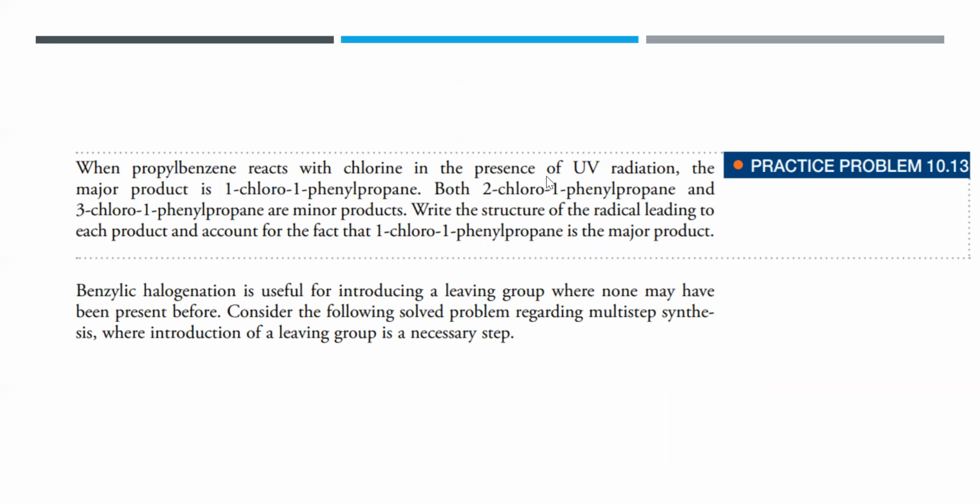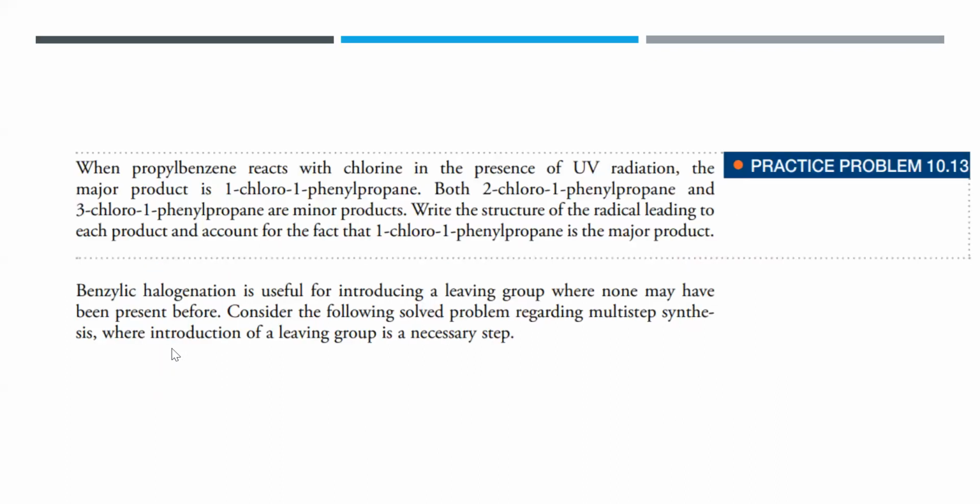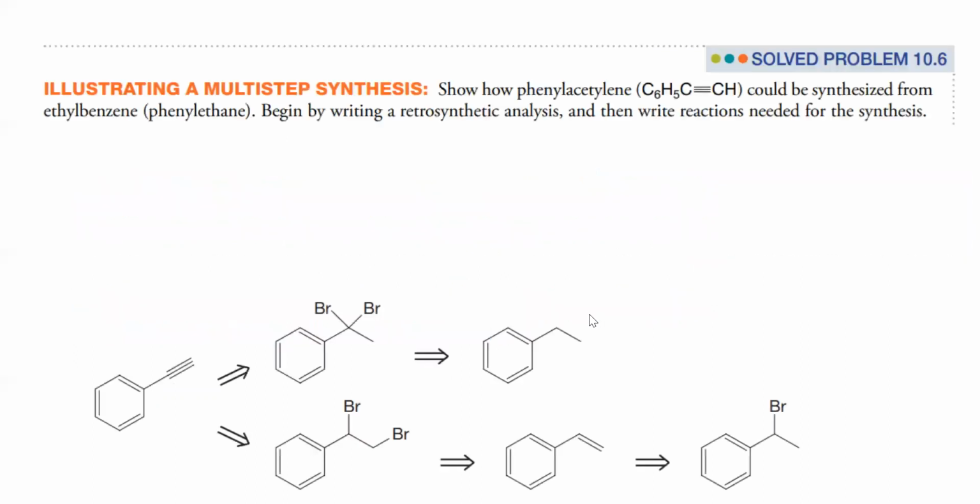Of course, the first step is always to write the structure. So 1-chloro-1-phenylpropane: you have your phenyl group like this one, and you have your propane, so you have to write the propane, CH3.